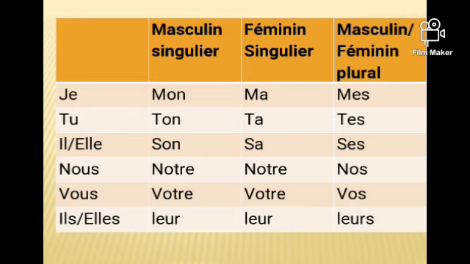For nous, masculine singular is notre, feminine singular is notre, and masculine or feminine plural is nos. For vous, masculine singular is votre, feminine singular is votre, and masculine or feminine plural is vos. For ils or elles, masculine singular is leur, feminine singular is leur, and masculine or feminine plural is leurs.